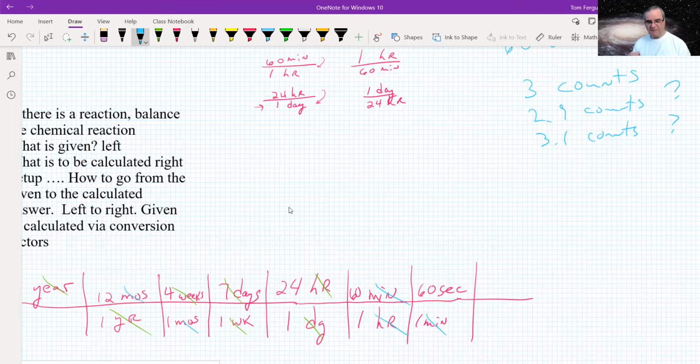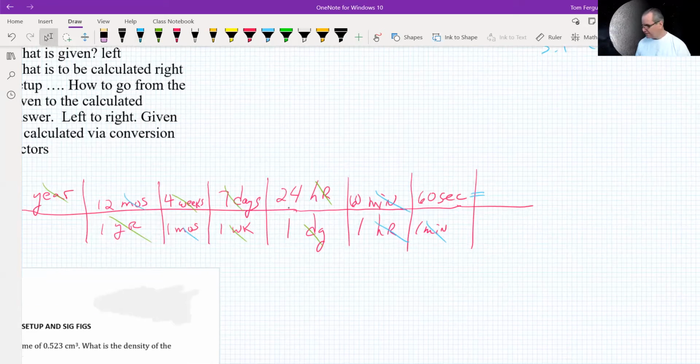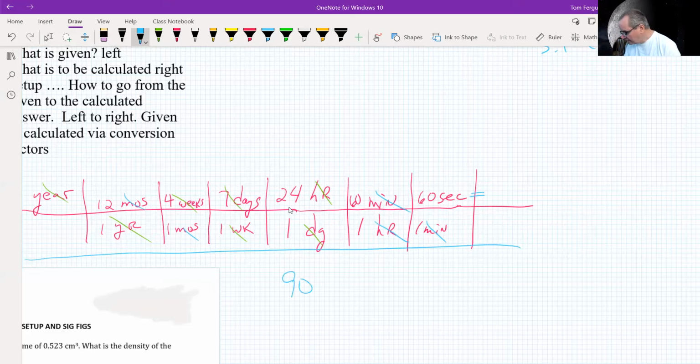So this is the concept of dimensional analysis. We're analyzing the dimensions, and we're going to throw in conversion fractions or factors that convert our given over to what we're trying to calculate. Now, if you're in my lecture for this class, and this was a problem on a test, this is worth 90% of the credit.